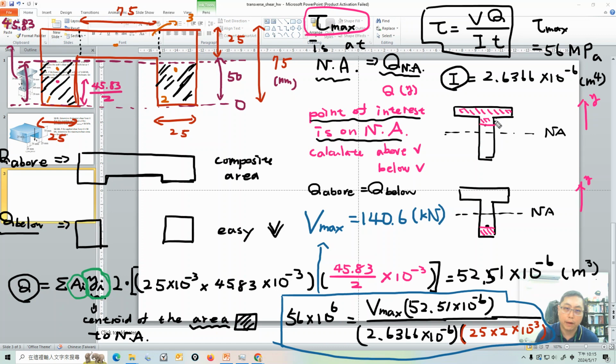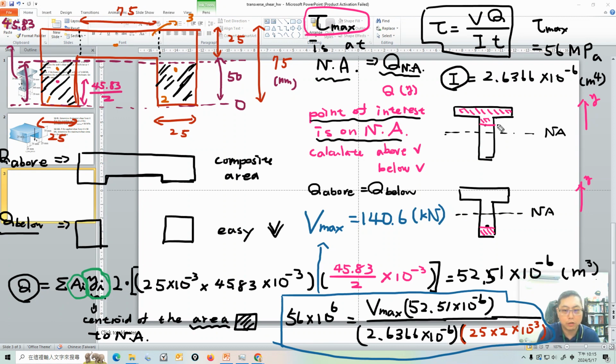In this composite area, you need to calculate that too. It's really not that easy. I demonstrated an example of this before in a textbook example, and it takes a really long time. Even though it looks very simple, it's not easy.